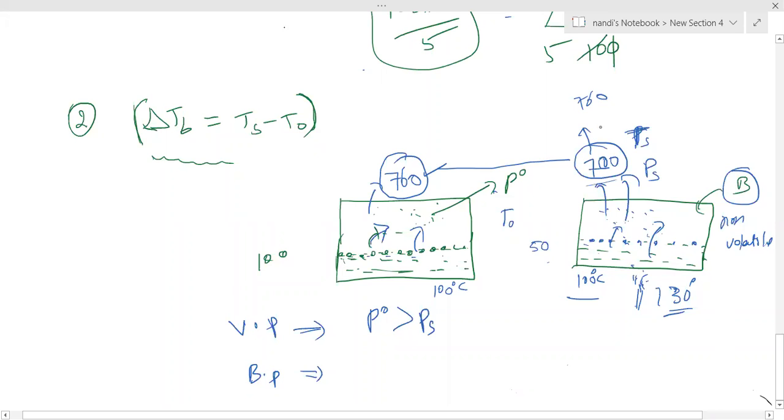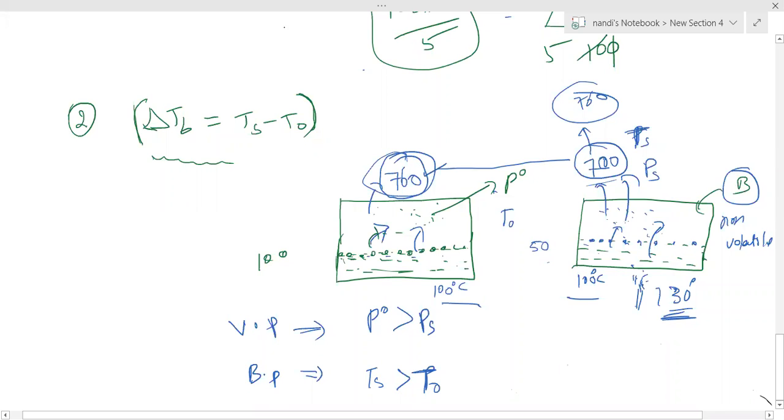Both have the same vapor pressure 760, and which one has the higher boiling point? 100 and 130, which is more? The solution has a higher boiling point than T naught.